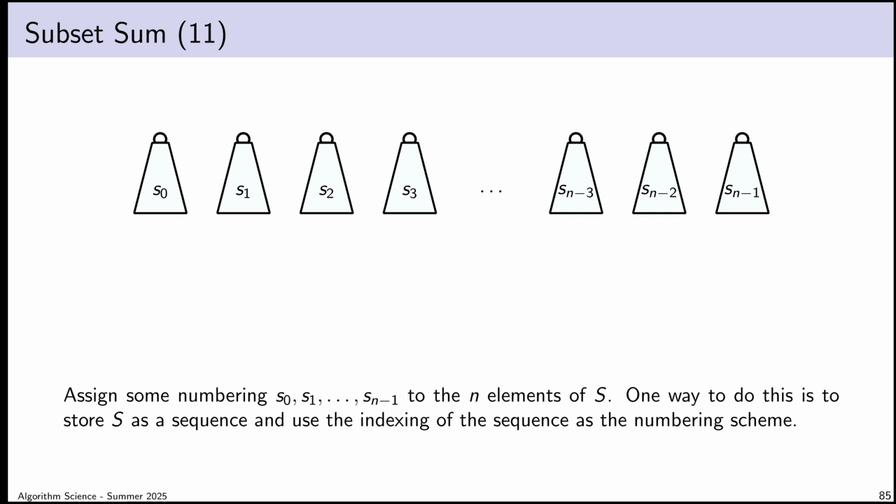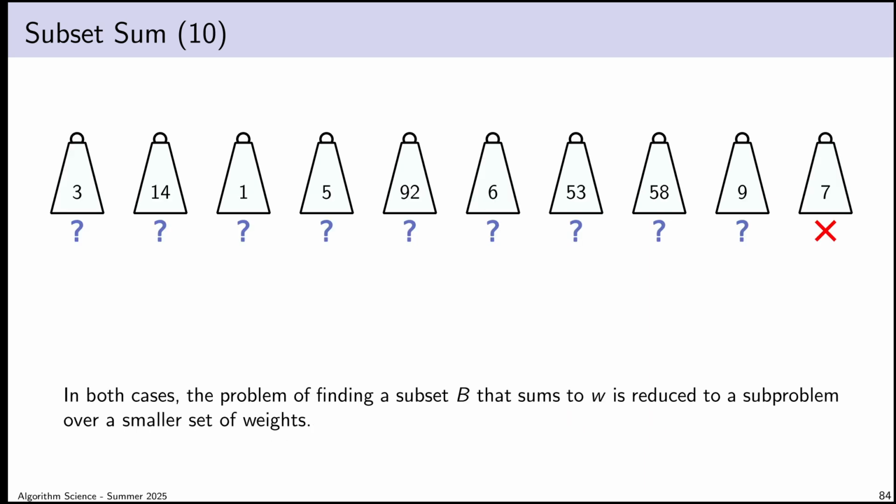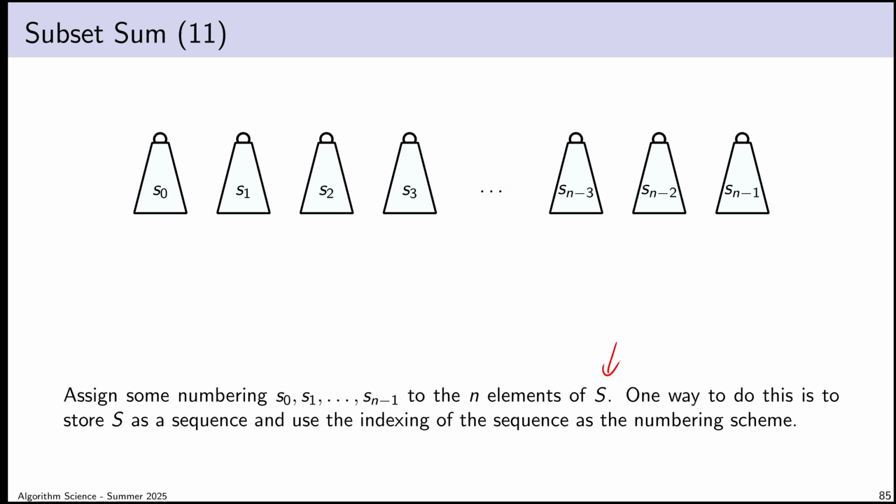Now, to formalize this, I'll have to number some things. In the problem specification, the S itself is actually a set. It has no inherent ordering. But if we want to view it like something we can break down from right to left, it makes sense to give the weights some kind of ordering. So we're going to assign an arbitrary numbering to the elements of S. We can number it however we want.